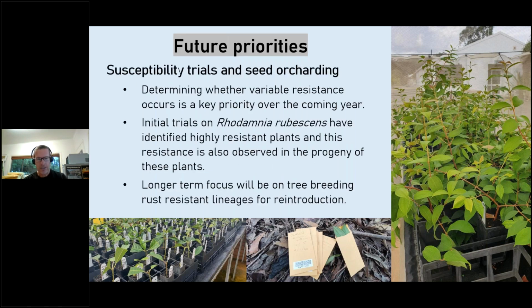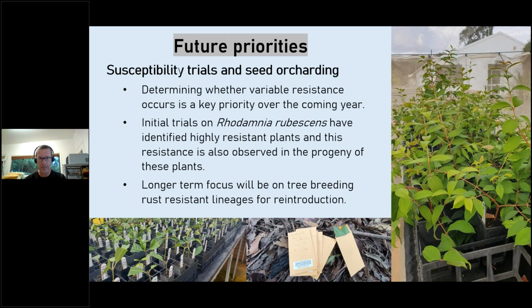And then I think in the longer term, and something we're really wanting to progress over the next 12 months to 2 years, is looking at resistance within these species in a bit more detail. So trying to determine whether or not there is variable resistance through doing screening and myrtle rust assays. Some initial small scale trials for Rhodomyrtus rubescens have found that there are highly resistant plants within that species.